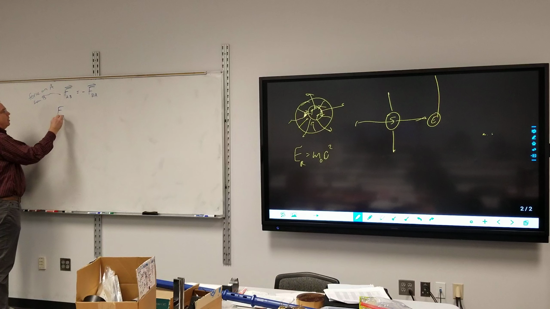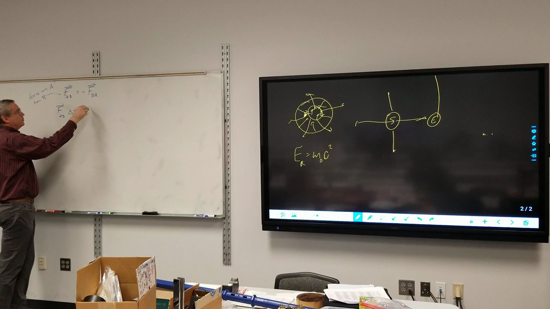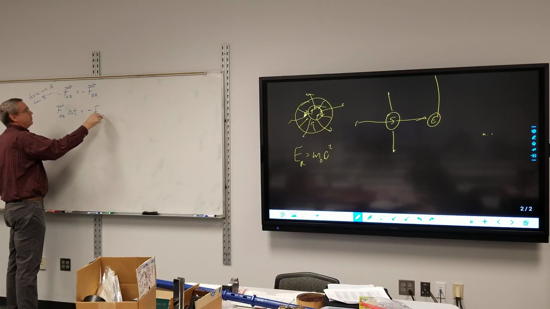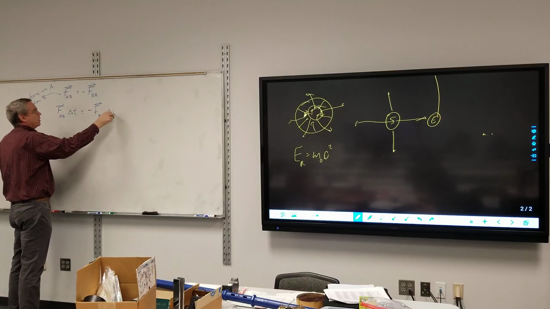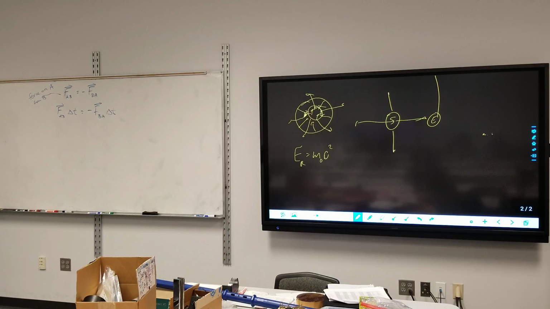The force on A from B times the amount of time that they interact should be equal to the negative force on B from A times the amount of time. And this is the total force that A exerts on B. Let's just close this up so that there's only A and B in this universe.